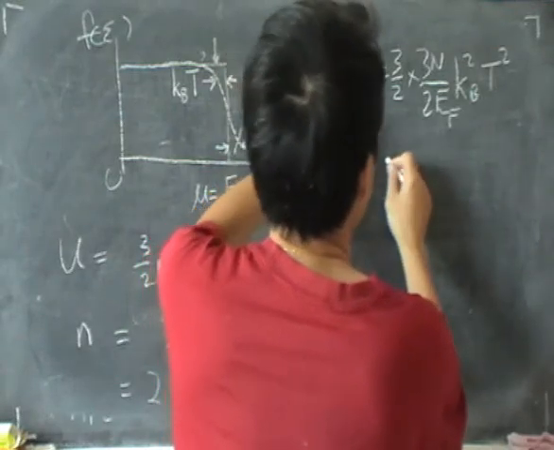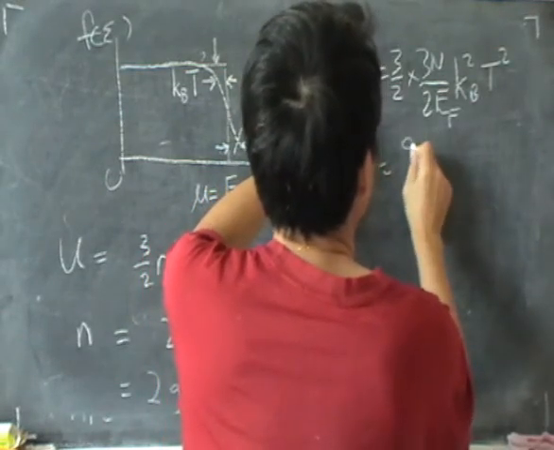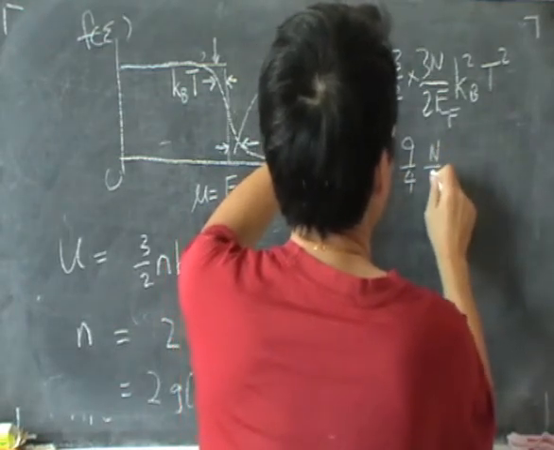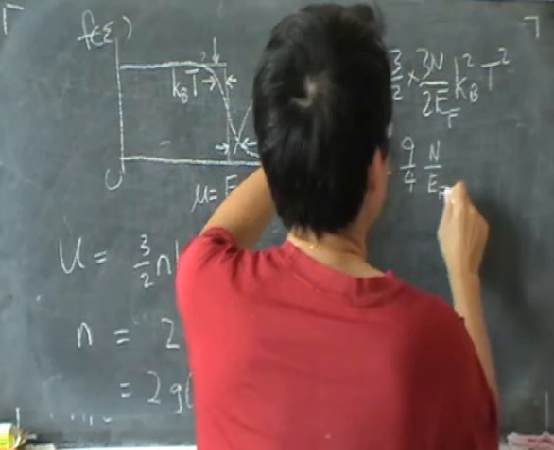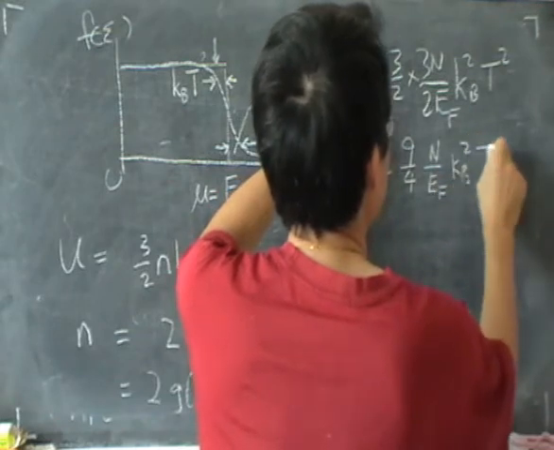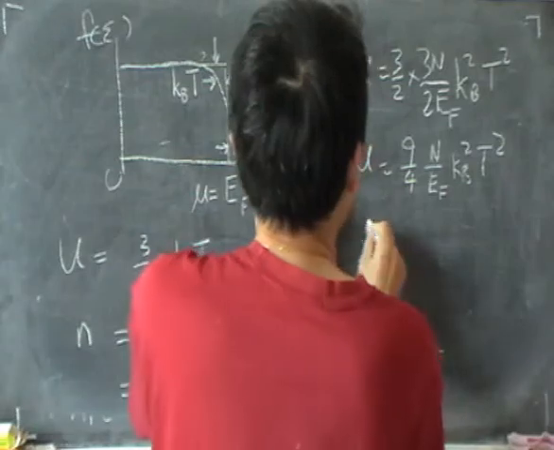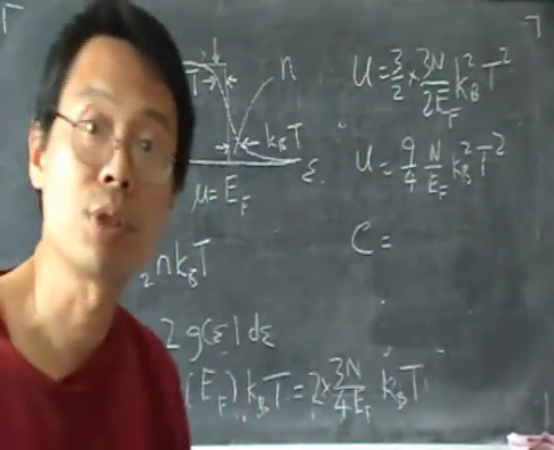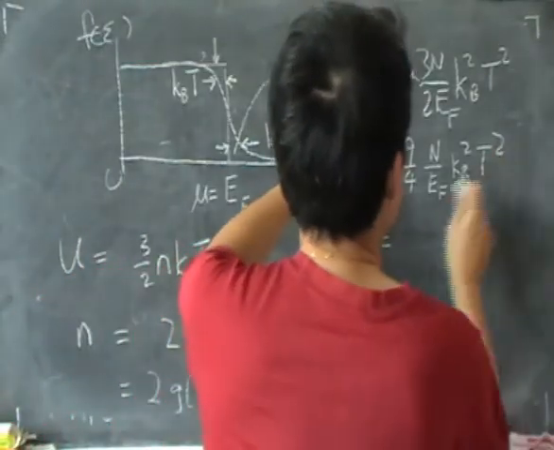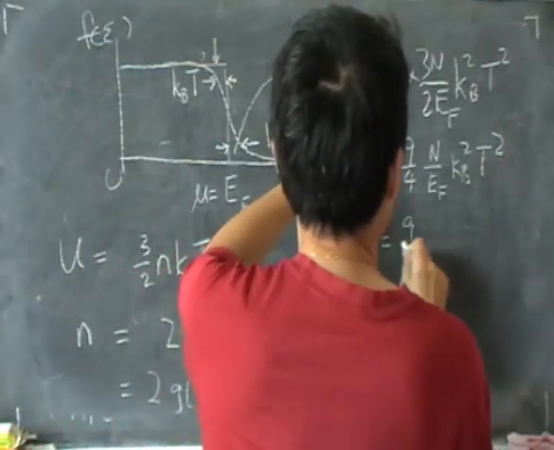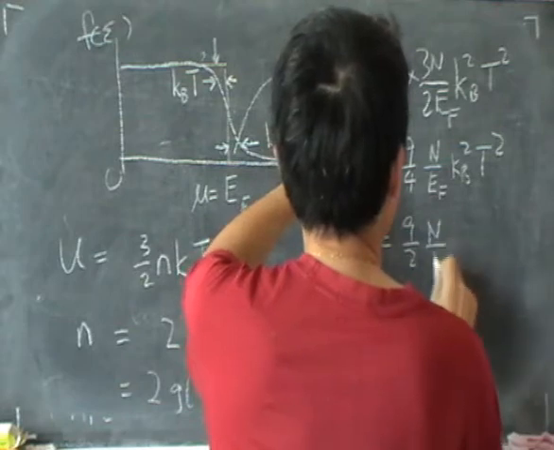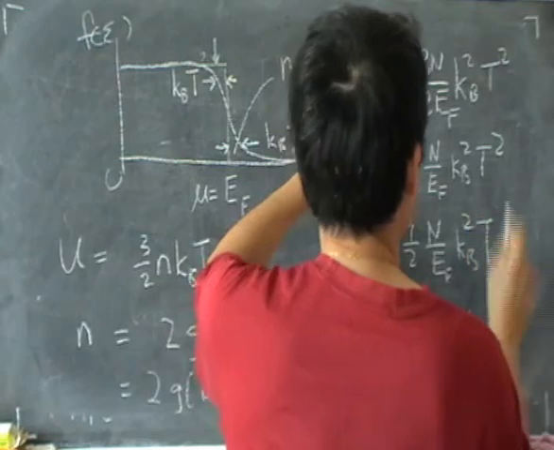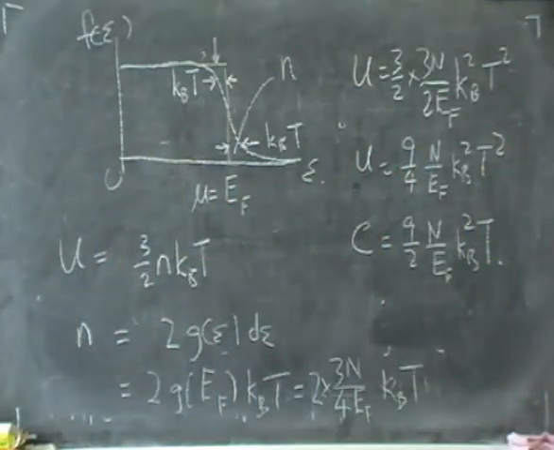Let me simplify that, that gives 9 over 4 n over EF KB squared T squared. And from this we can finally obtain the heat capacity by differentiating with respect to temperature. T squared becomes 2T, so 9 over 2 n over EF KB squared T. There, we have this expression.